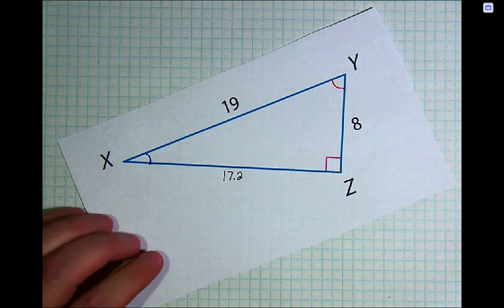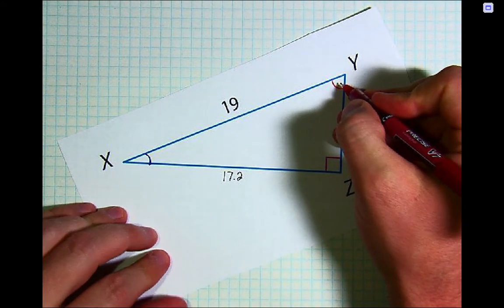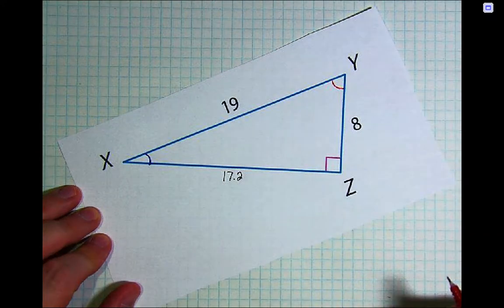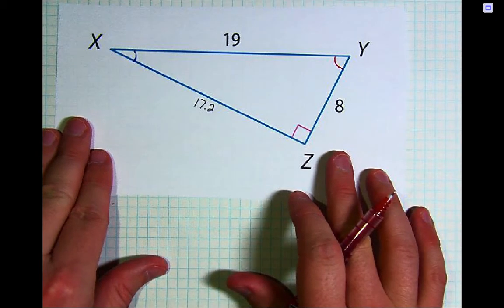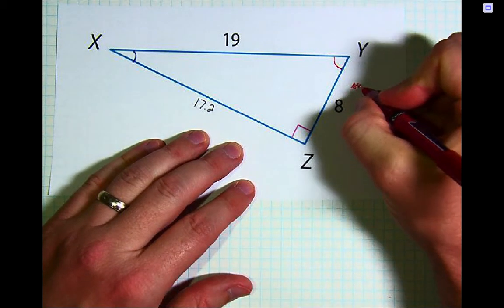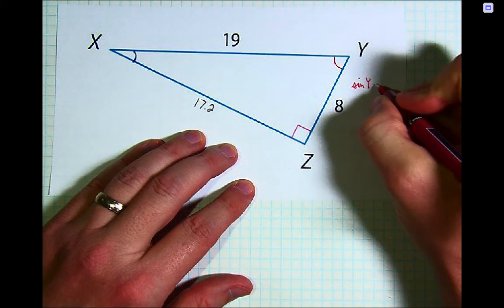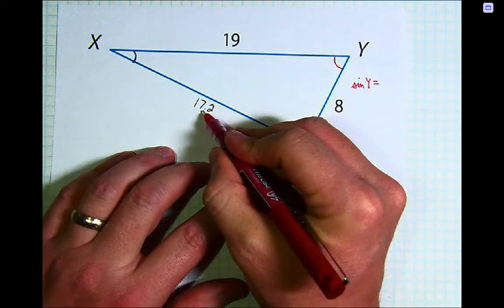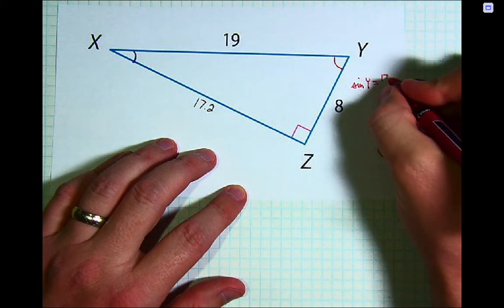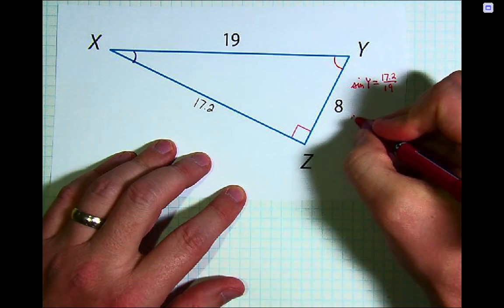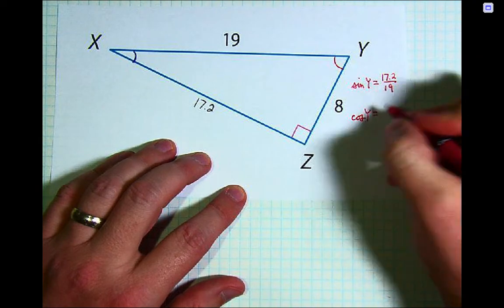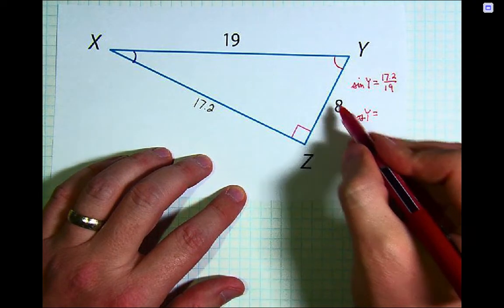Something I do know about angle y is this. I know that the sine of angle y would be opposite over hypotenuse. I know that the cosine of angle y would be adjacent over hypotenuse.